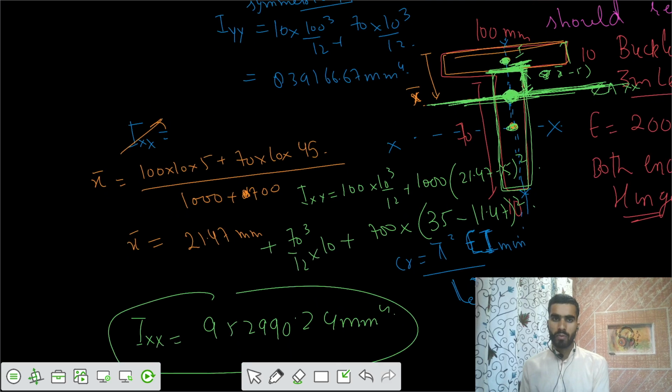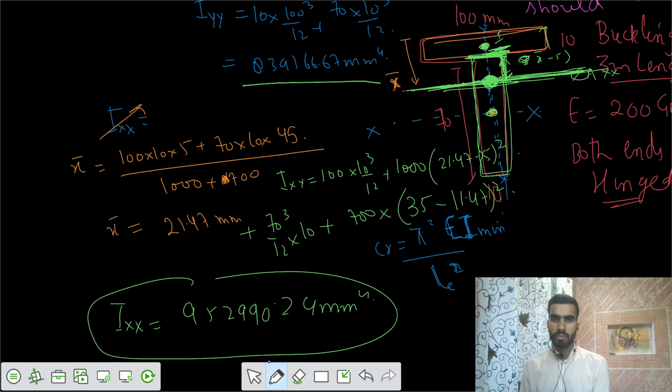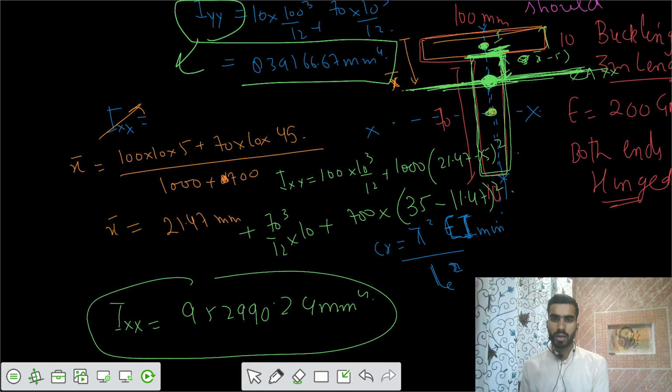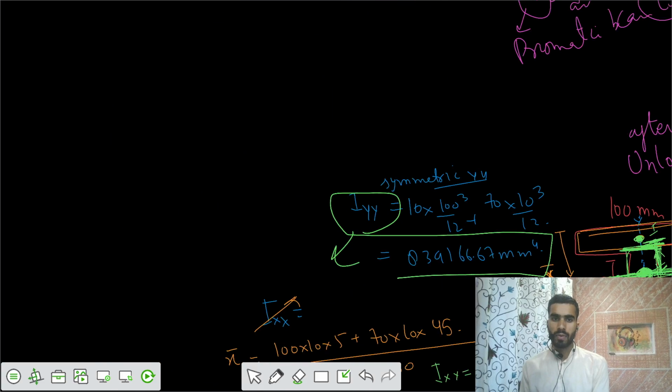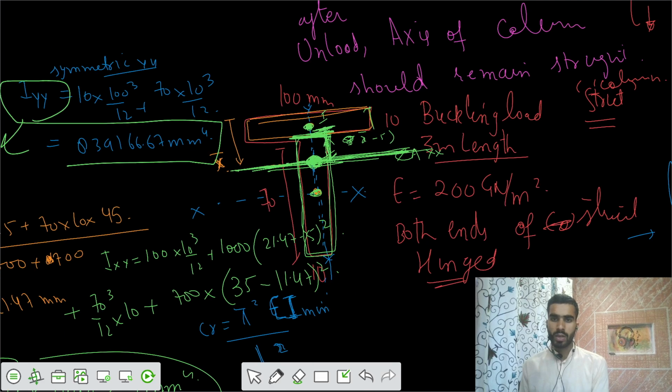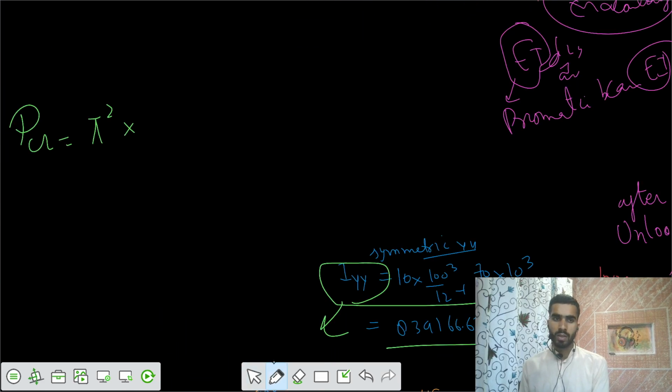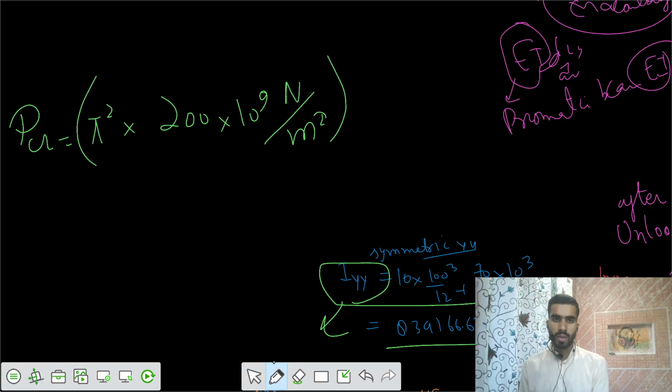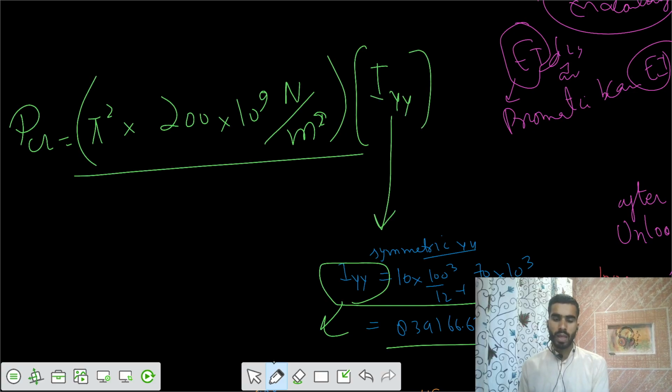Based on the values of Ixx and Iyy, what is the smaller value, what is the I minimum we can have? I would say the minimum value corresponds to Iyy. So I would use that value of I for the equation of PCR equals pi square E I by L effective square, with E as 200 giganewton per meter square.